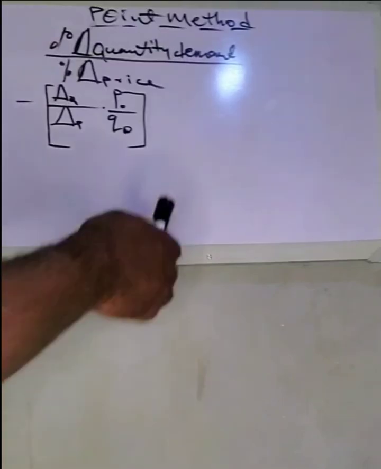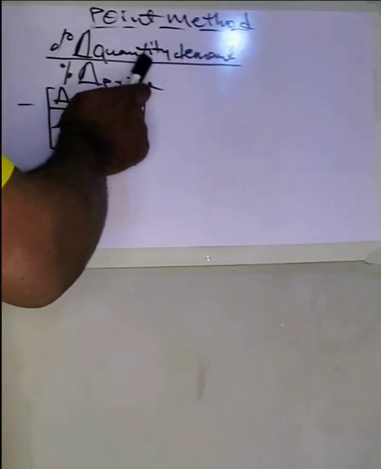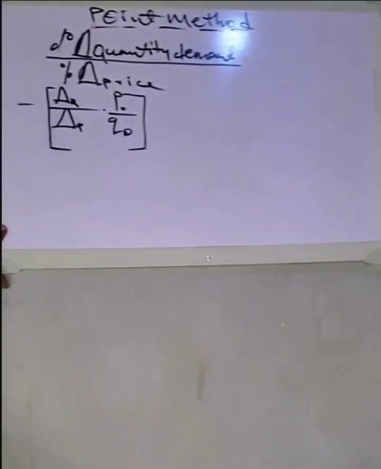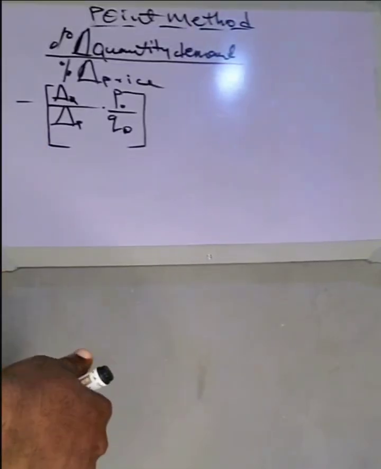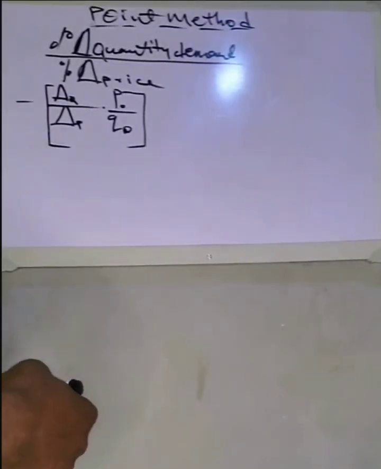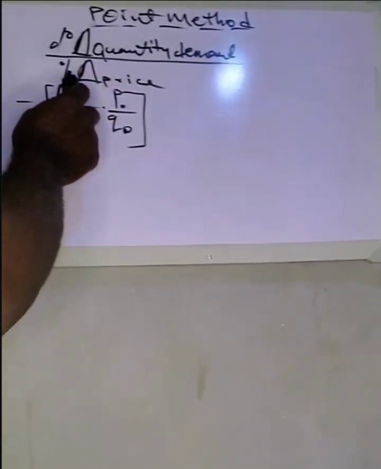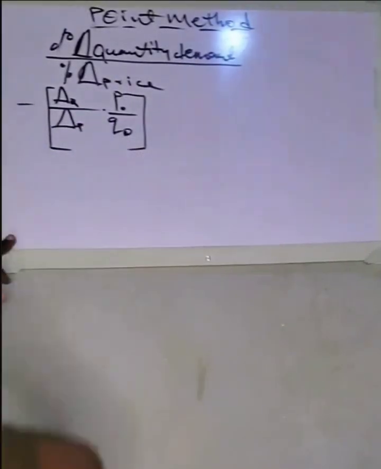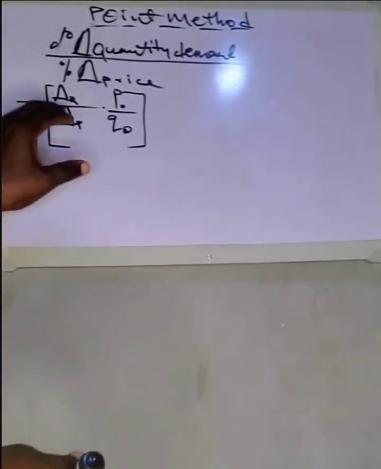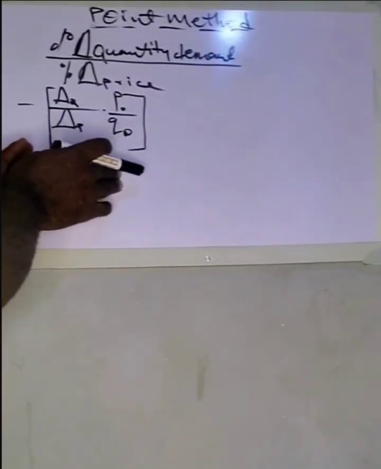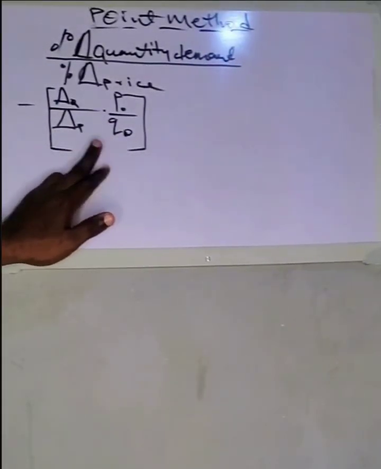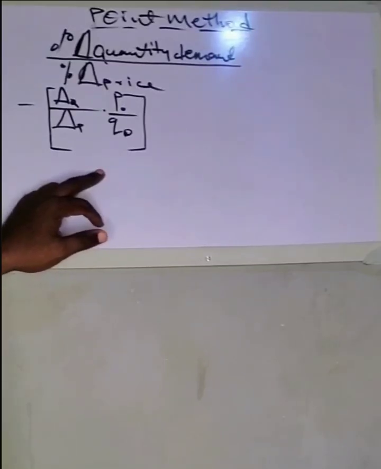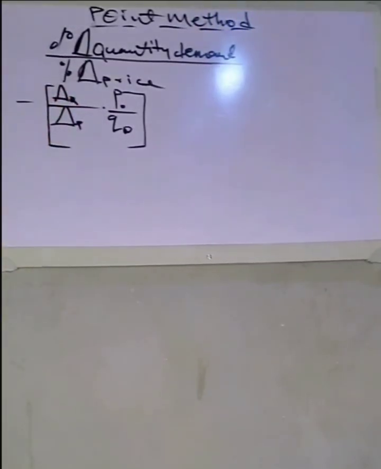Here we have formula 1. Formula 1 is a percentage change in quantity demanded over percentage change in price. Then the second formula is a constant negative bracket change in quantity over change in price dot old price over old quantity. The first thing, we'll be using this formula 2 method. Formula 2 is very, very important. Let's use this formula 2 to solve it.